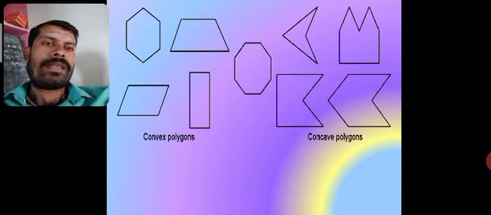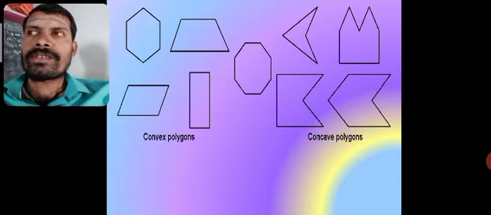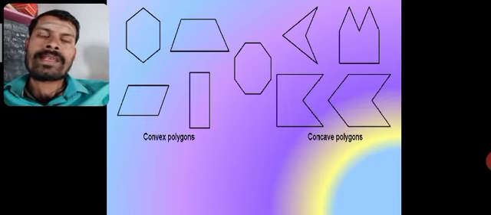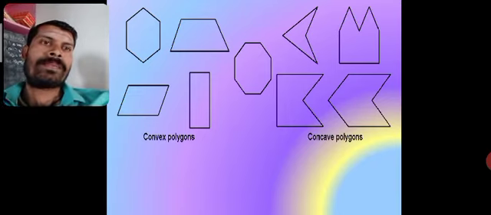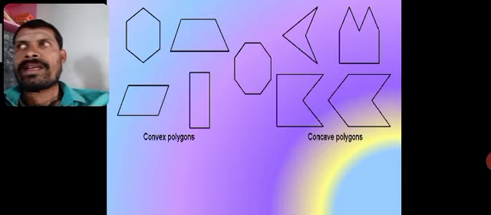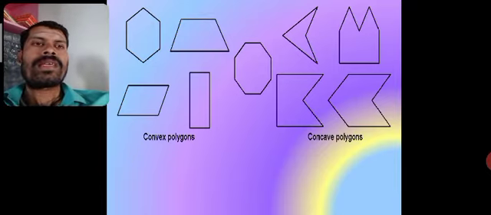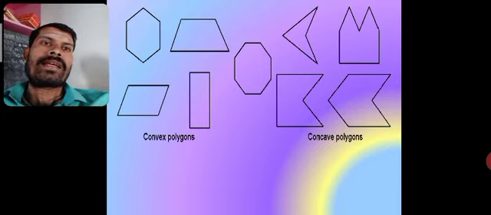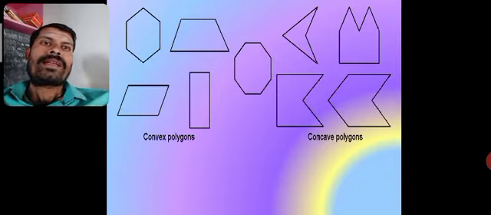Now polygons are generally classified into two types: convex and concave polygons. That means it is based on the shape or the angles they contain. In a convex polygon, if you draw the diagonals, they lie inside the polygon.